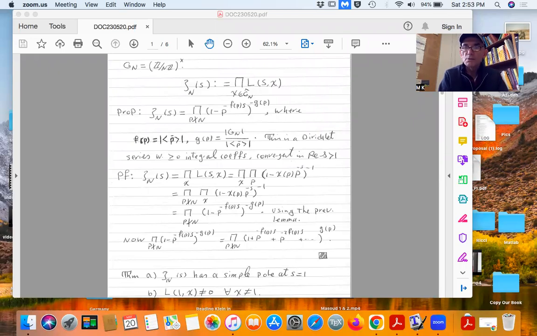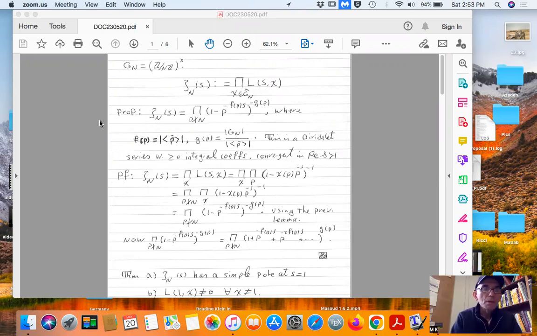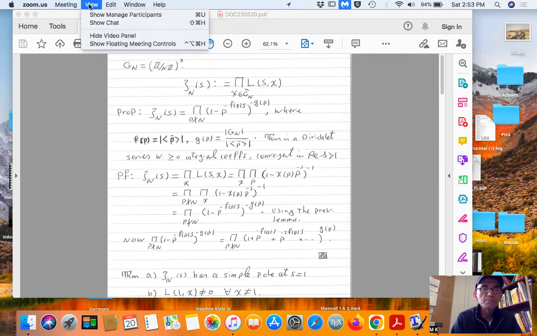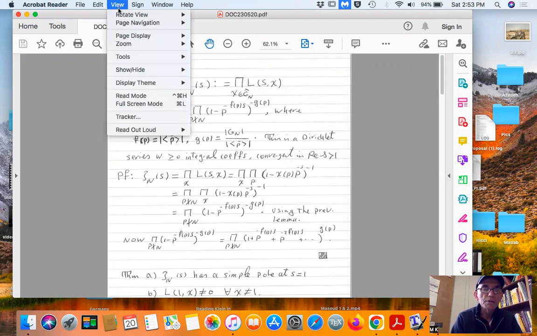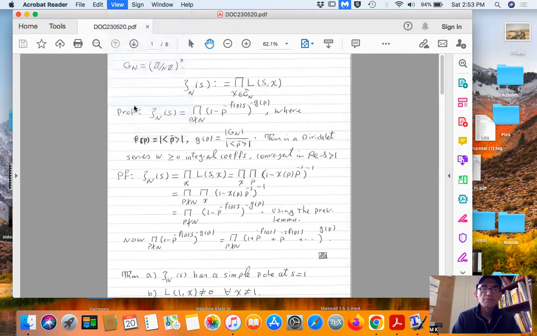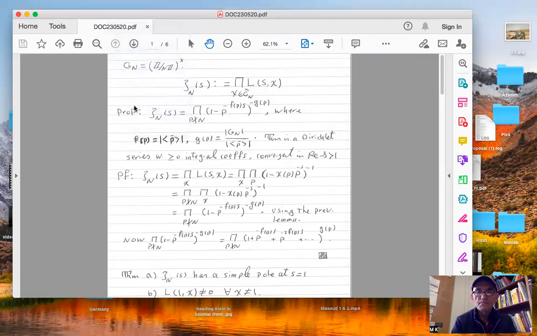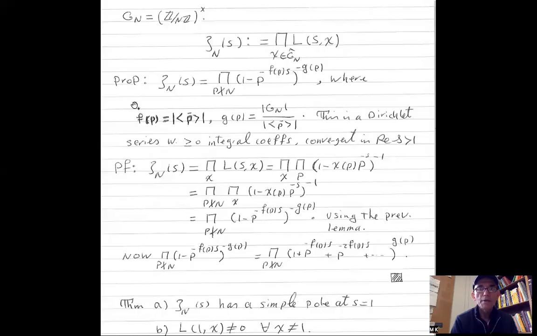Right, so let me go to full screen mode. Where's full screen? Yeah, there it is. Okay, so there we are.